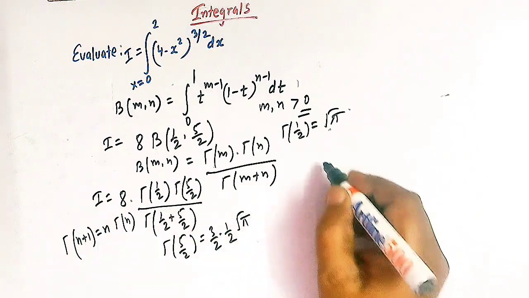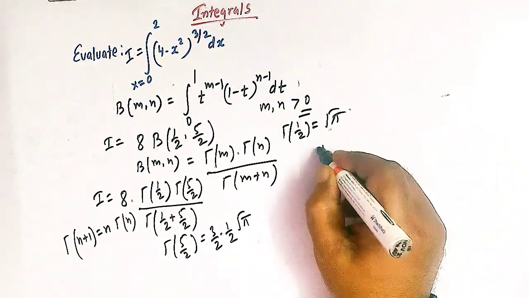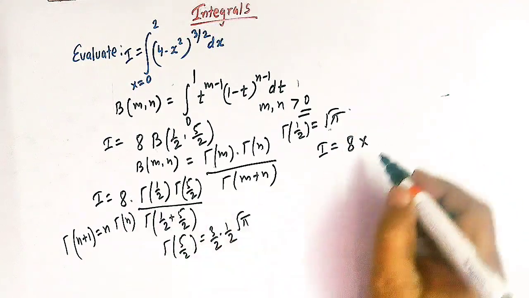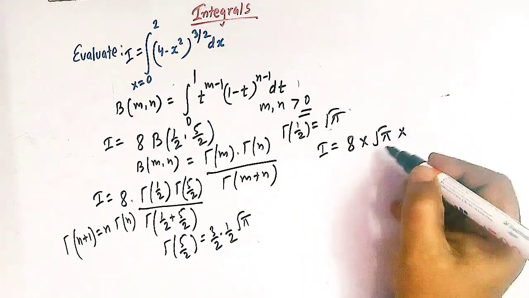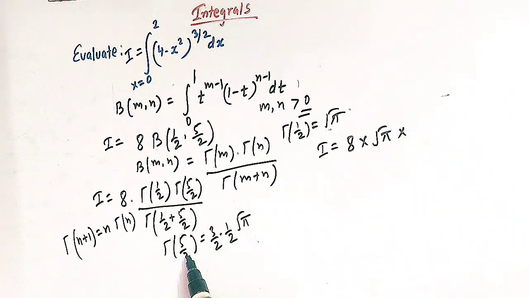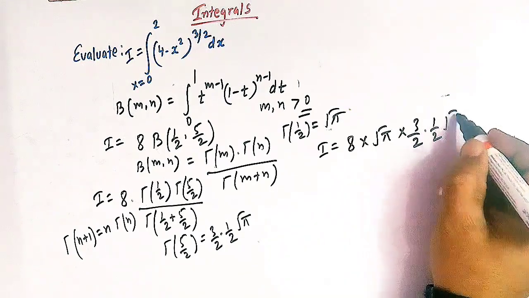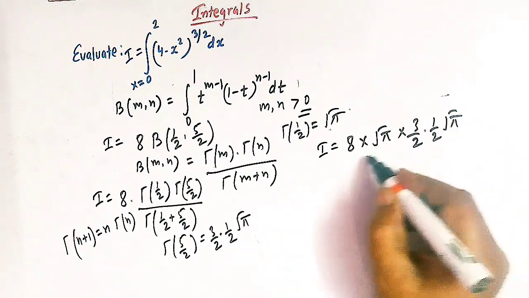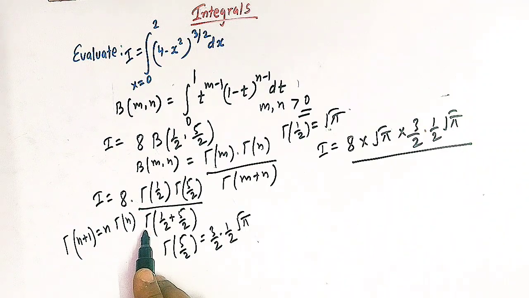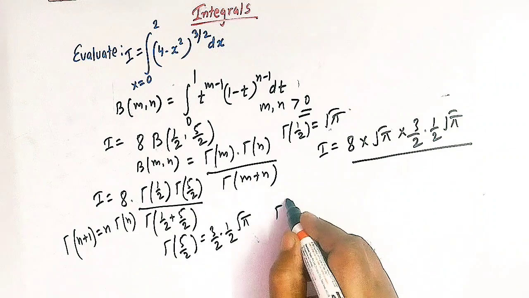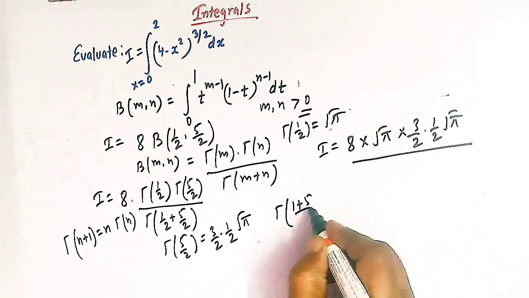So now our integral I takes the form, we have 8 times gamma of half, which is the square root of pi, and gamma of 5 by 2 is 3 by 2 times half times square root of pi, and in the denominator we have gamma of half plus 5 by 2, which is 1 plus 5 over 2.